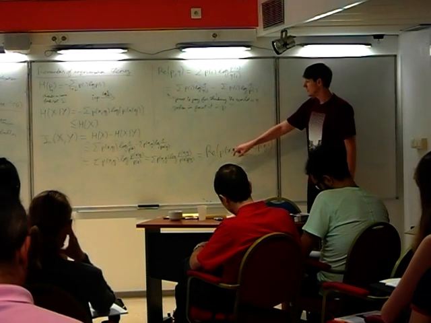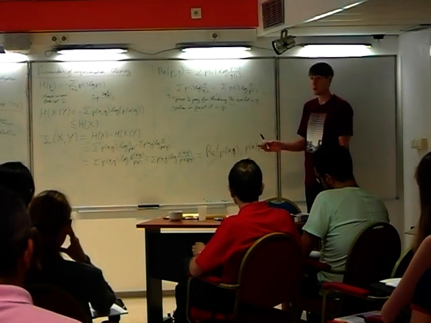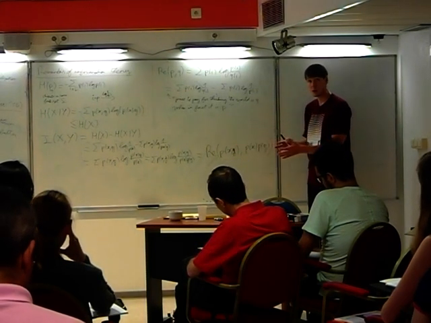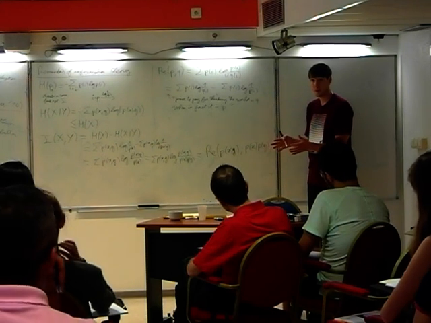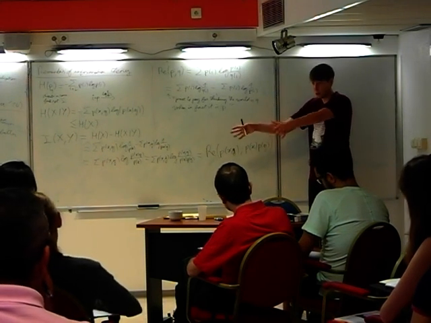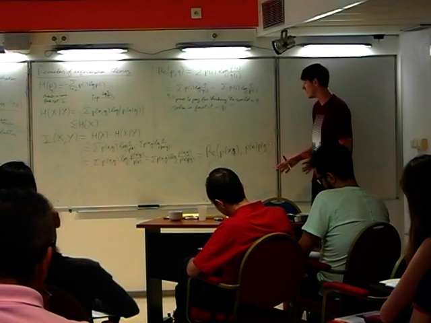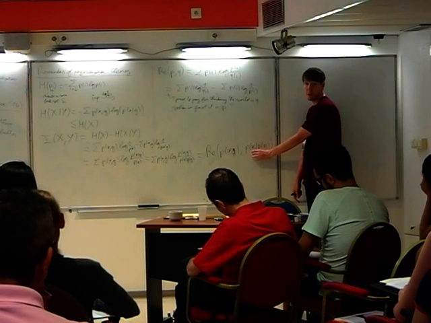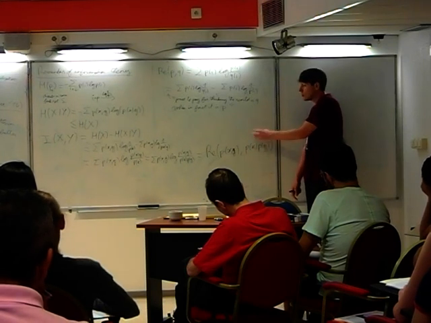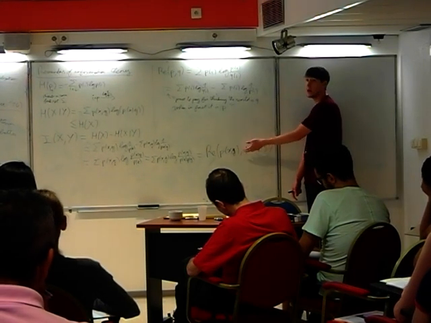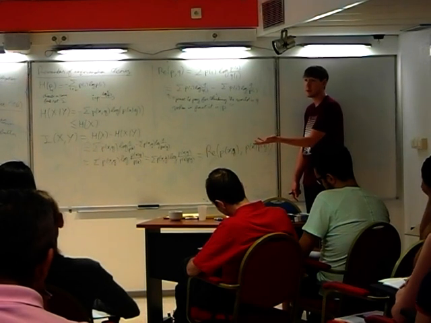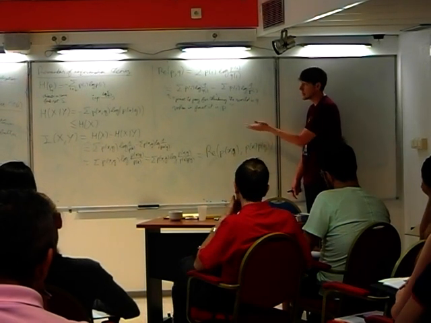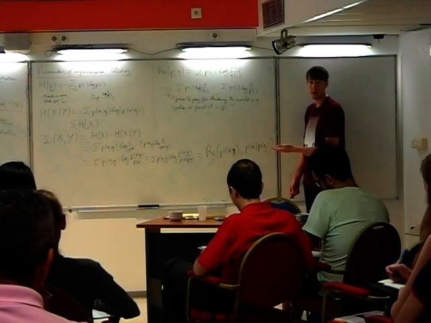You have pairs x, y, inputs, outputs, whatever. They are related to each other. There are some dependencies between them. That's the truth of the world. X and y are not independent. But now I'm going to act as if x and y were independent. How much do I pay for believing that x and y are independent while in fact they are dependent? That's exactly what the mutual information is telling us.